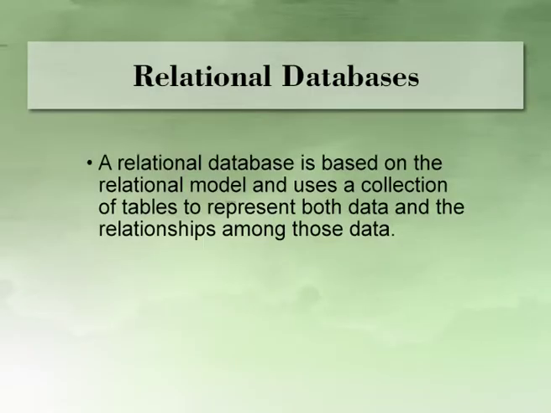The definition is given on the slide. A relational database is based on the relational model and uses a collection of tables to represent both data and the relationships among those data. Whenever we talk about a relational database, we have to define the database name. Under that database, we have to create the tables.